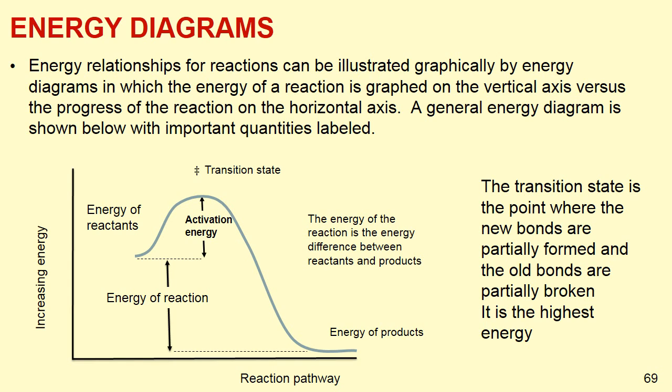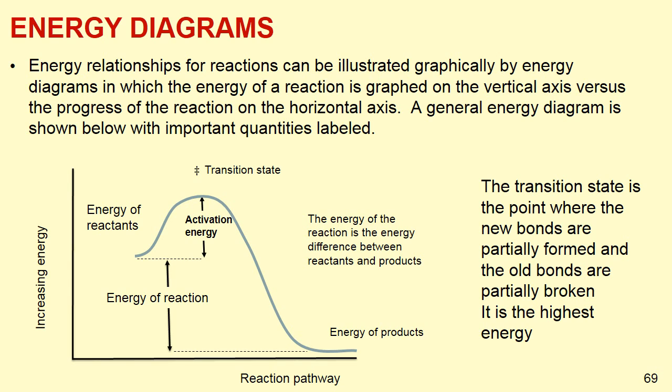So you can see from the energy of the reactants, the start of the reaction, up to the top of the hump, that amount of energy is what is required to get the reaction going, and that's called the activation energy. Once the molecules are in the transition state, the new bonds will form, the old bonds will break, and they'll pull apart from each other and head down the hill until they get to the bottom, and you can see the energy of the products.